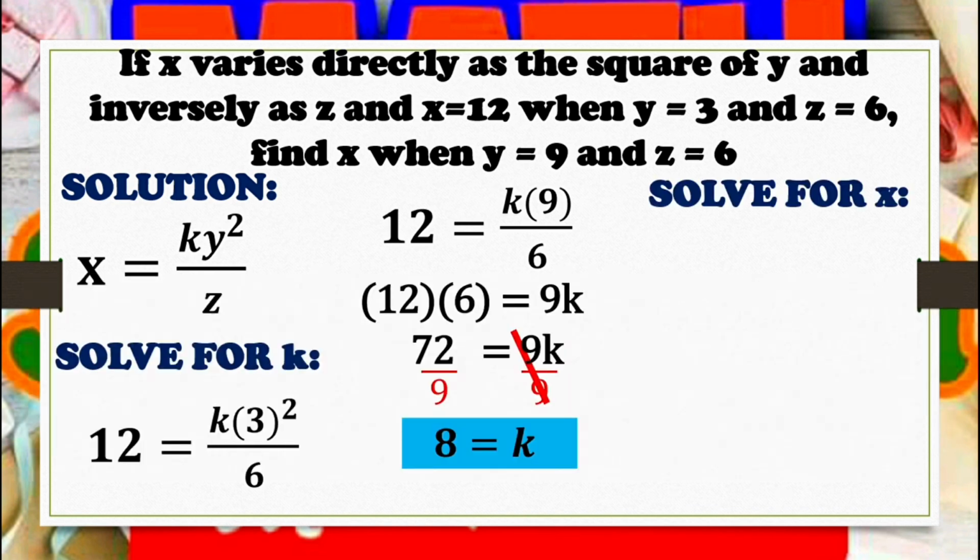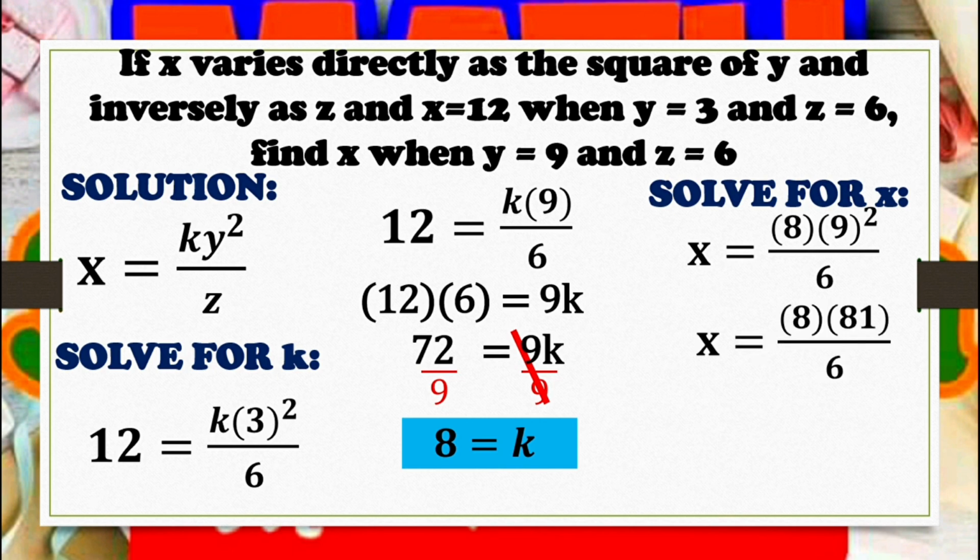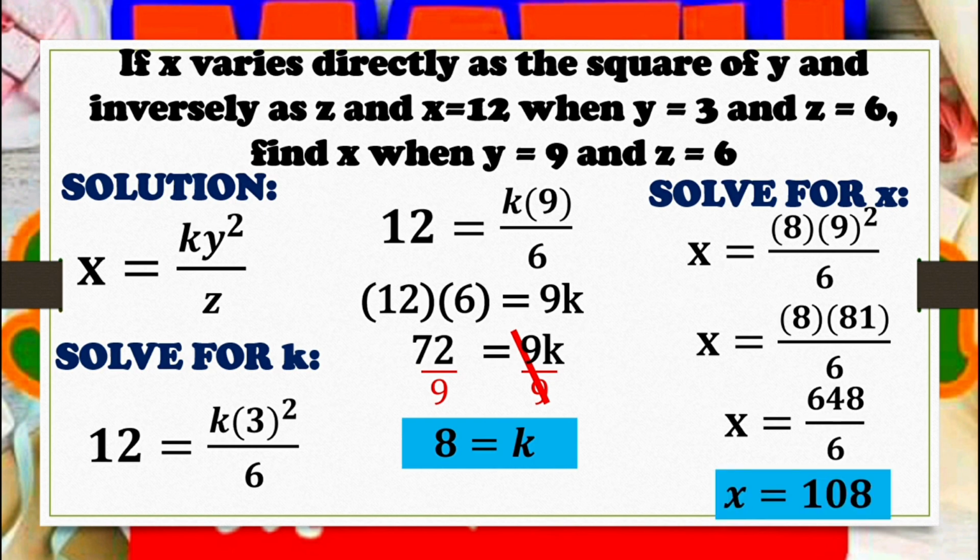So solving for x can be done as we substitute k, y, and z in our equation. To simplify, 9 squared, that is 81. So multiplied it to 8, that leads us to 648. We will simply copy the denominator. And simplifying 648 divided by 6, our x is equal to 108.